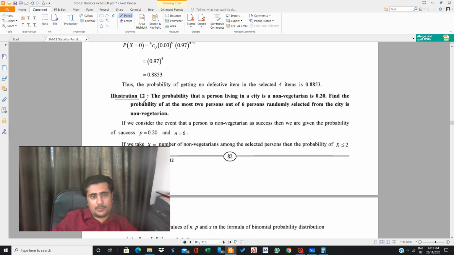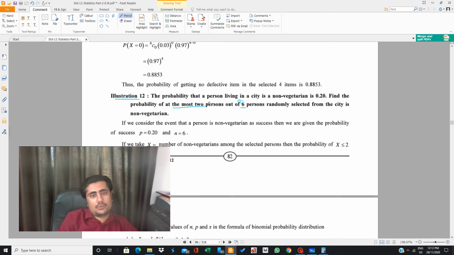Find the probability that at most 2 out of 6 randomly selected persons from the city are non-vegetarian. Again, the same process: we have to find N, X, P, Q from the question. Out of 6, that means N is equal to 6.